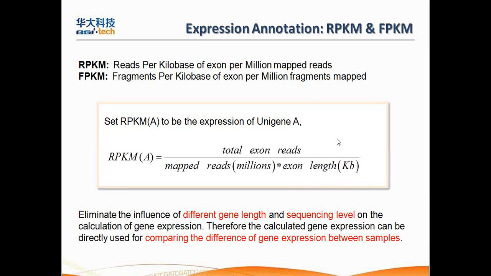So using the number of reads mapped to one unigene, divided by the number of reads mapped to all the unigenes, and divided by the length of this unigene, allows us to know the expression level. And this is a normalized expression value, and we can use this expression value to compare in different samples.